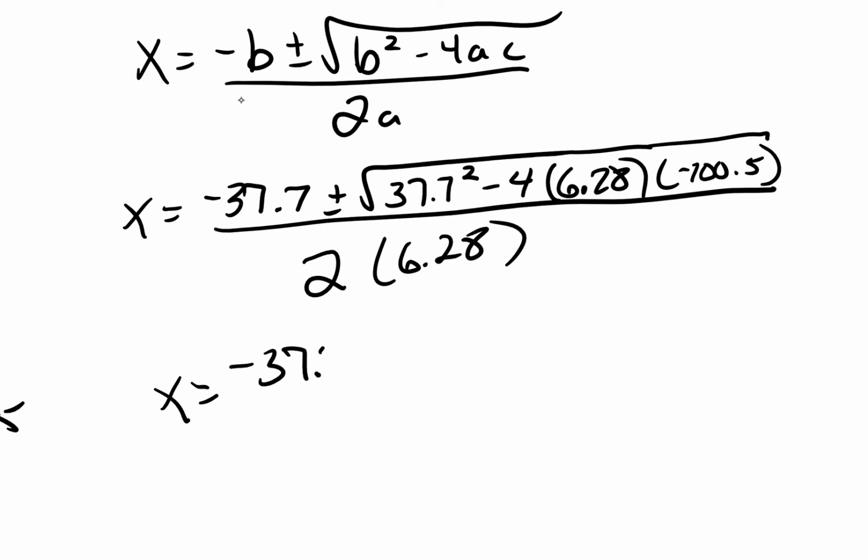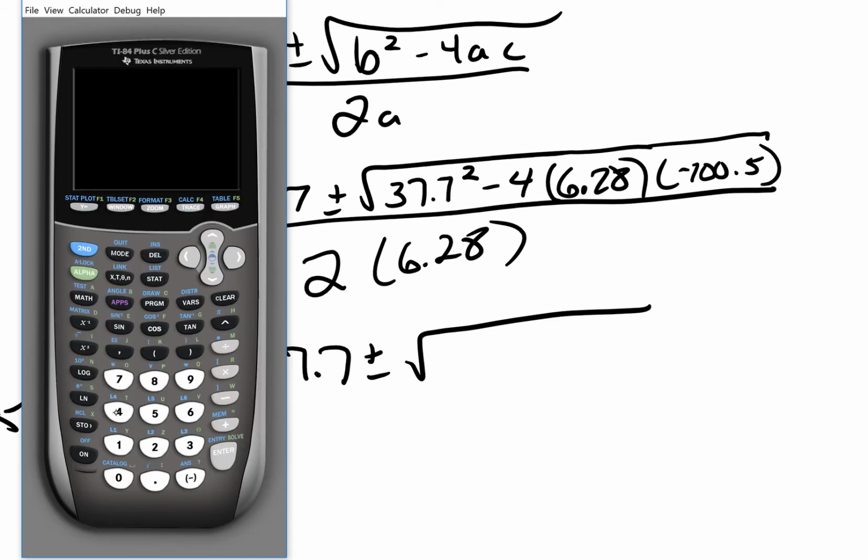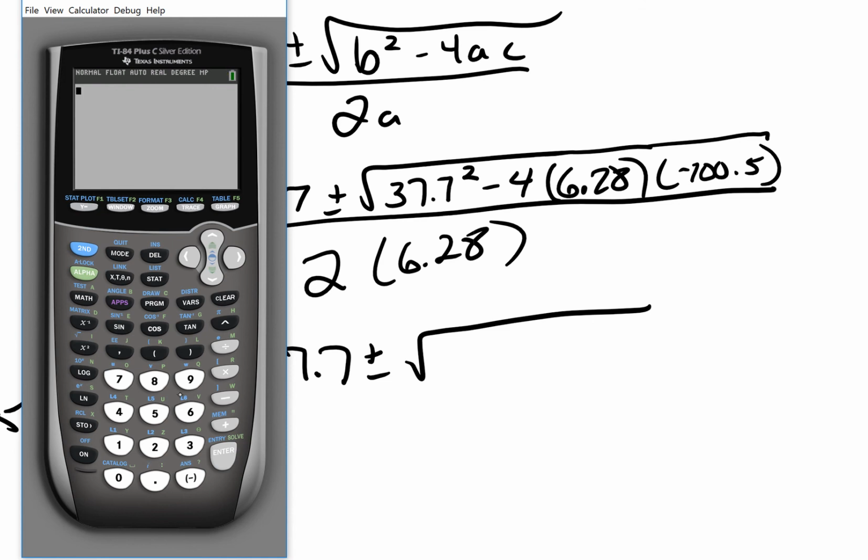So we're going to clean this up a little here. Go negative 37.7 plus or minus. I like to type all this into the calculator at one time just to get that value. So 37.7 squared minus 4 times 6.28 times negative 100.5. So I type it in exactly how it looks.